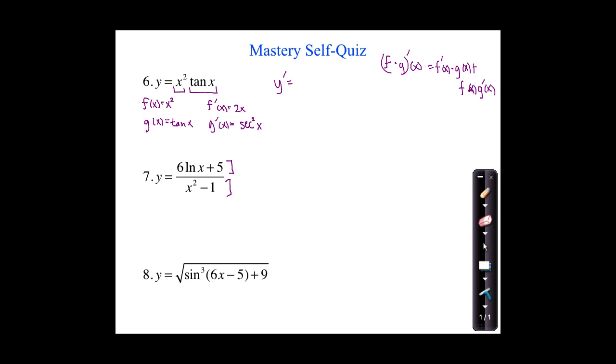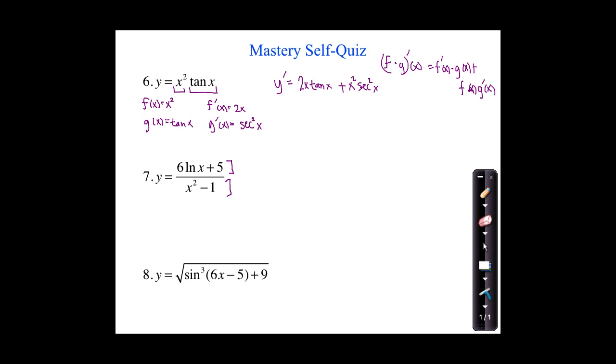So 2x times tangent of x plus, the other way around, x squared and secant squared of x multiplied together. Questions on that one? Maybe more straightforward.